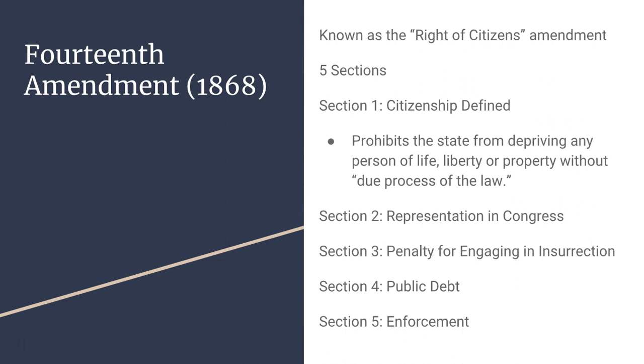So this would be to prevent former slaveholders from being able to collect compensation for their losses, particularly in the form of the loss of slaves. They couldn't claim that and try to have the federal government pay them back for that. Section 5 is all about enforcement. So again, Congress is given the power to pass civil rights bills to guarantee this amendment.